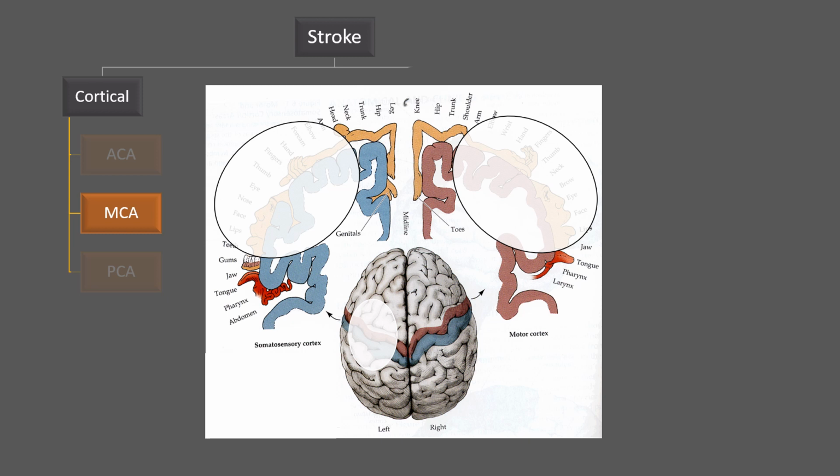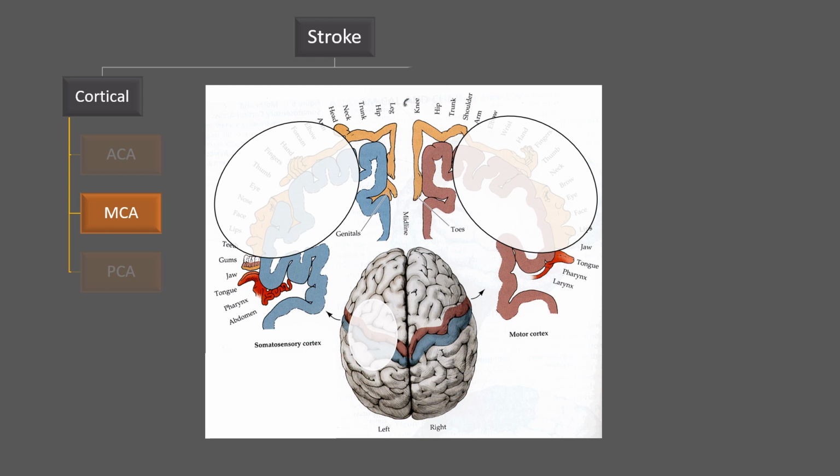Infarction in this artery can lead to weakness, hyperesthesia, paresthesia in these areas. So the patient may present with unilateral weakness, hyperesthesia, or numbness in the arms more than the legs, as the arms are supplied more by the MCA than the legs.